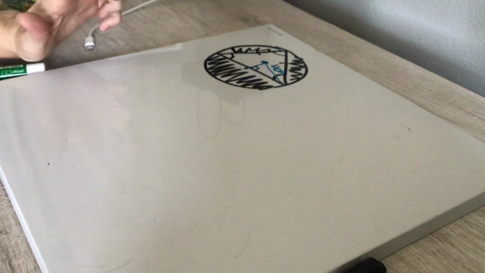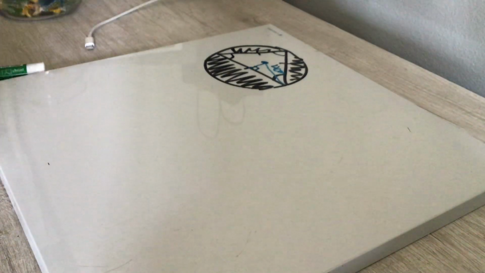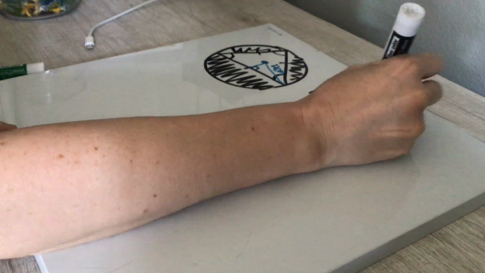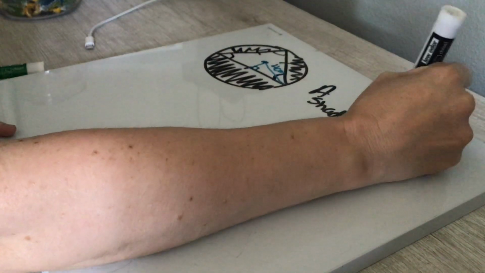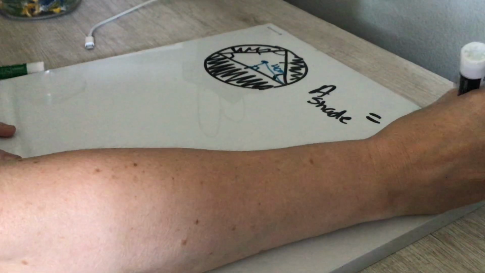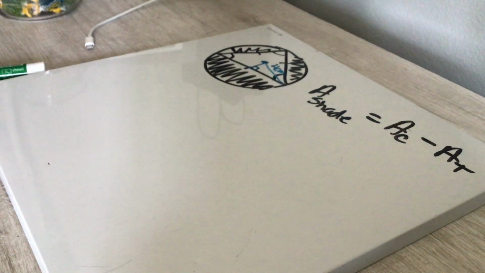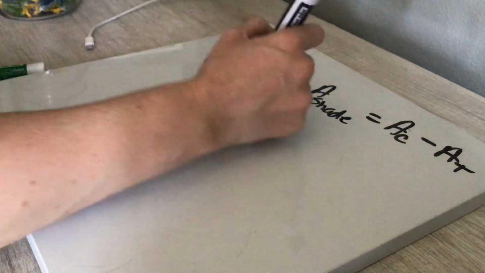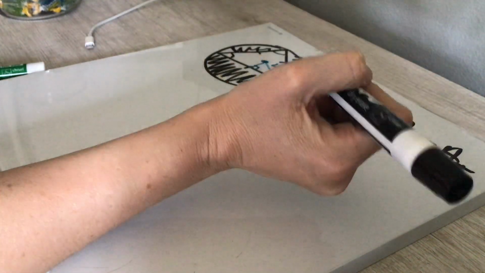Okay? So to find the area of the shaded region, it's going to equal the area of the circle minus the area of the triangle, because it's a circle and then the triangle is not shaded. So the area we want is the shaded part.